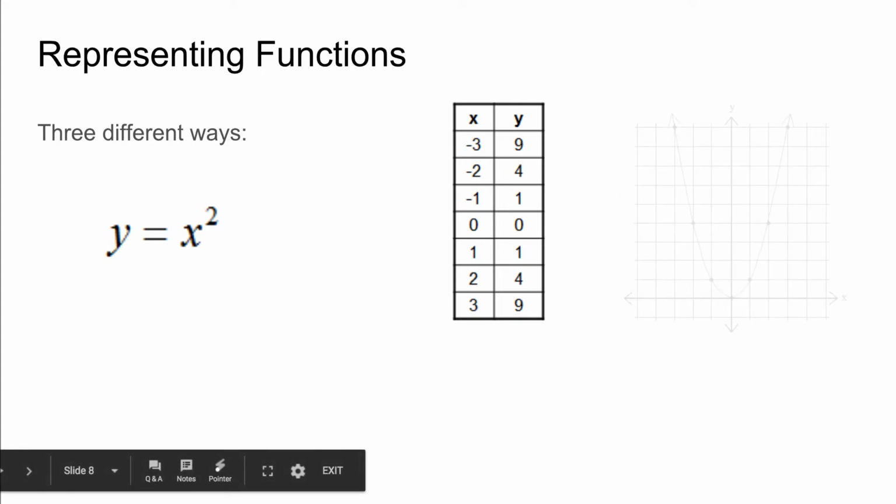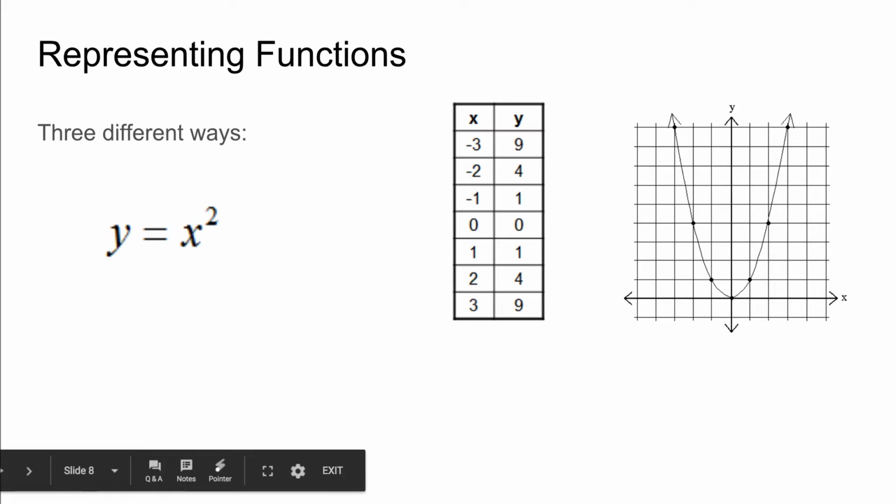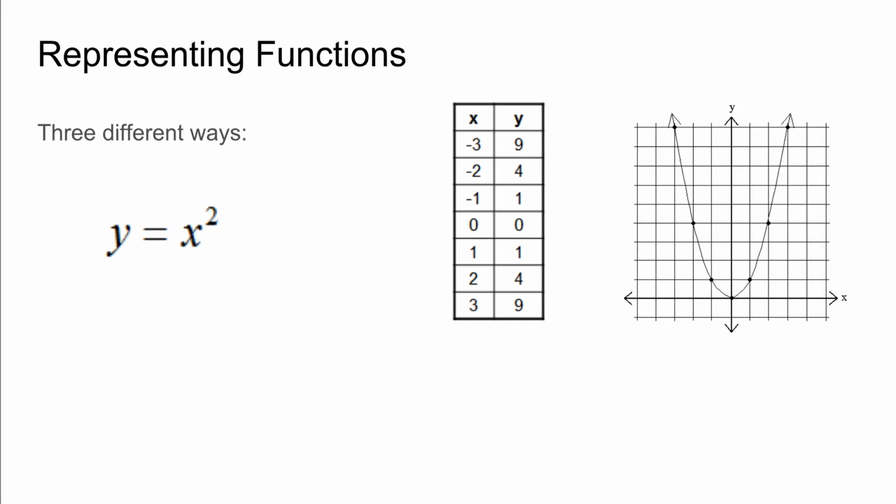And then the next thing I can do is put them onto a graph. Notice here, I've taken each point, x and y, and put it on the graph. This is the point -3, 9 in the top left corner. Moving down, I have -2, 4. Moving down, I have -1, 1, and so on. And when I connect those points, I get a graphical representation of a function.